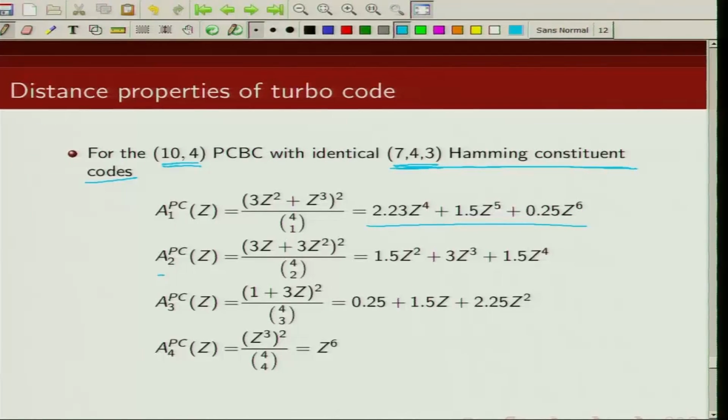Similarly, we could find out for input weight 2, input weight 3, input weight 4. Now note the difference from the constituent encoders that we have studied. Here you can see these coefficients can come as non-integers. That's because we are averaging over all possible interleavers.